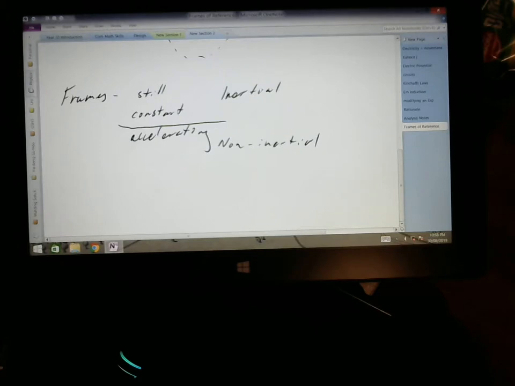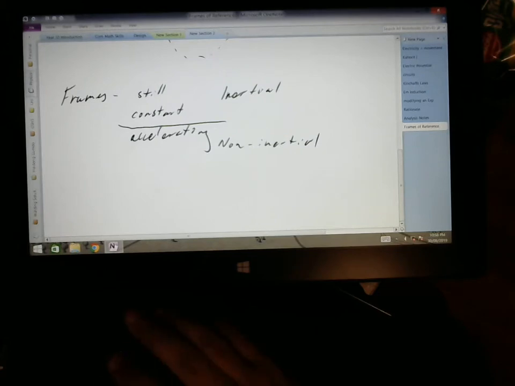So what does inertial frame of reference mean? See, it's coming back to this definition, but it is not really explaining why.